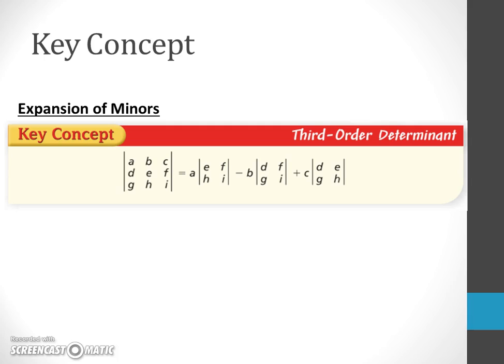So our third order determinant here, we would do A times the determinant E, F, H, I, then minus B times our determinant of D, F, G, I, plus C times the determinant D, E, G, H.